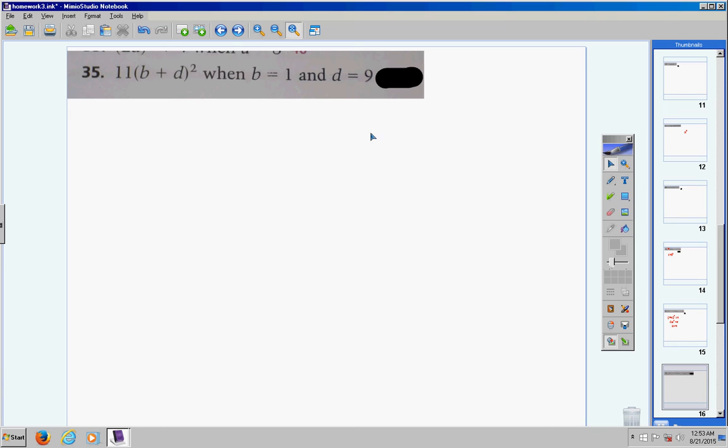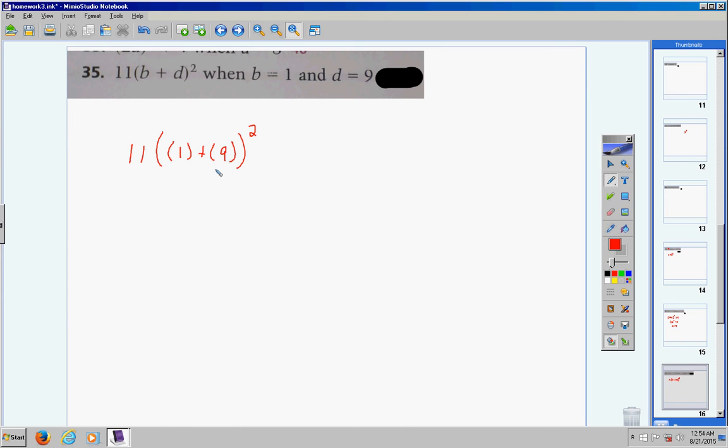Alright, moving on to number 35. Everywhere there's a B, I'll put a 1. Everywhere there's a D, I'll put a 9. So I've got 11 right here on the outside of the parentheses. Then put a big parentheses with a power or exponent of 2 on the outside. Now here's a B, so put parentheses and put a 1, then a plus sign, and then parentheses and put a 9.